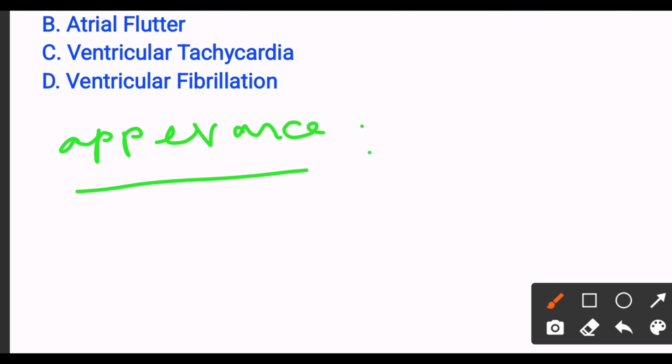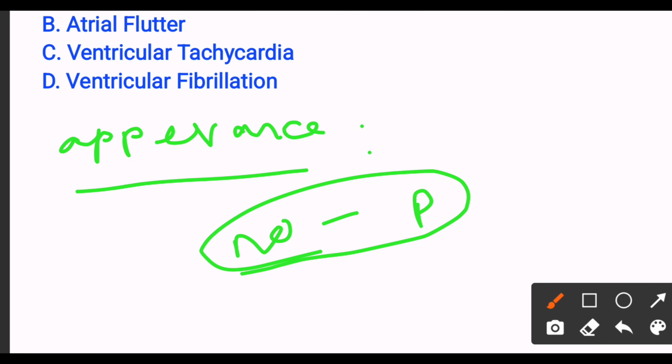Atrial fibrillation would show irregular rhythms with no P waves. So the answer will be atrial flutter, option B. Next.